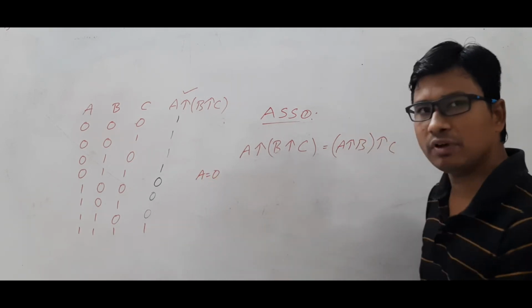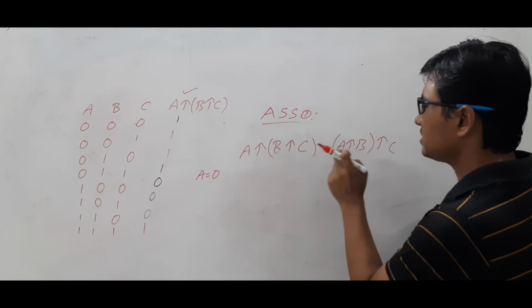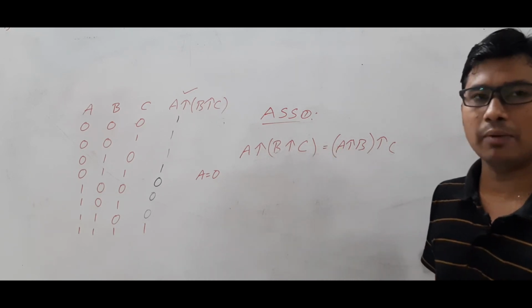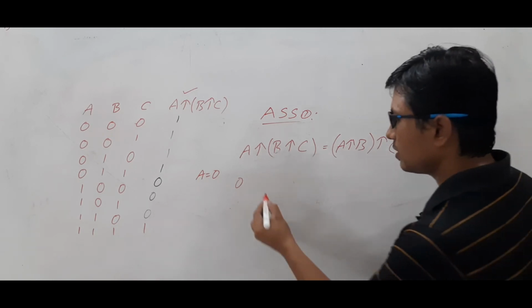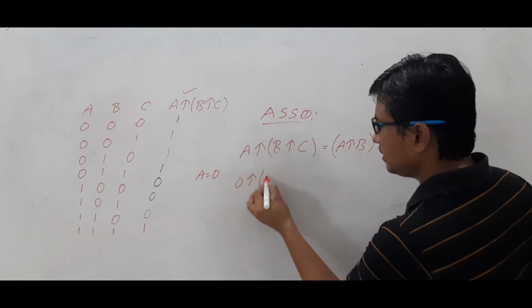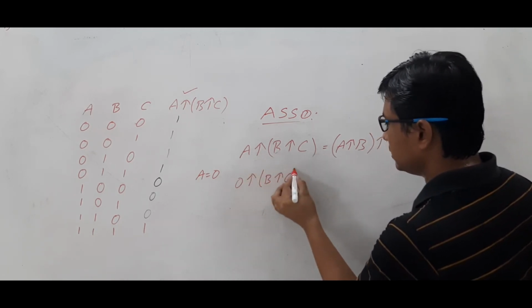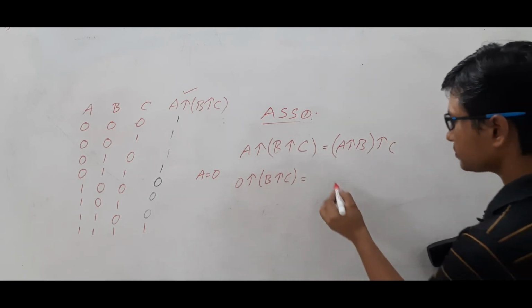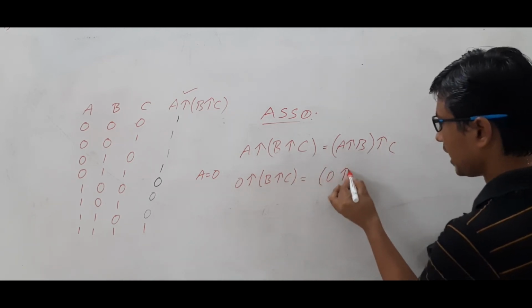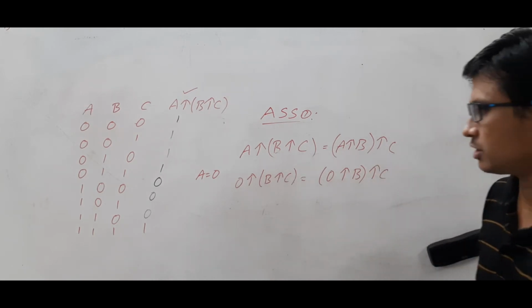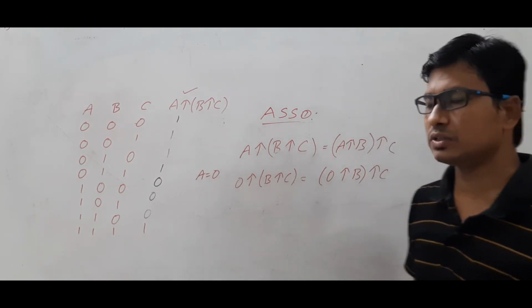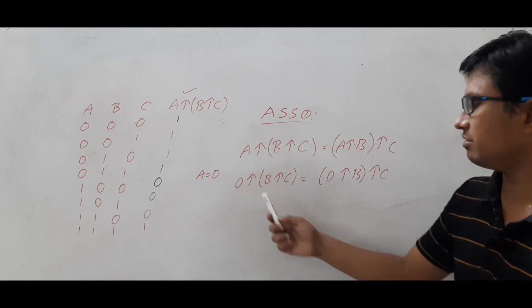If I keep A equal to 0 in LHS and RHS, what will happen? Here it is 0 Nand (B Nand C) equal to 0 Nand (B Nand C). Am I right or wrong?